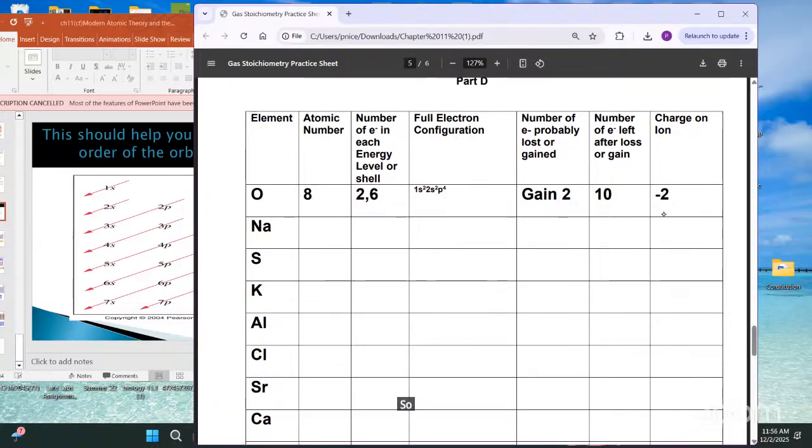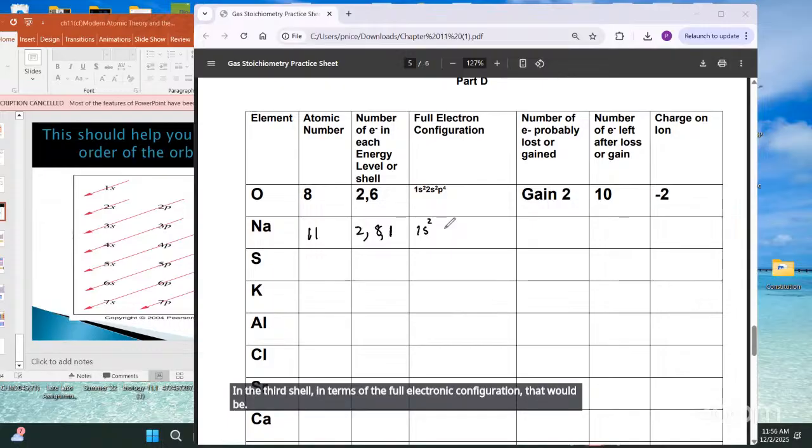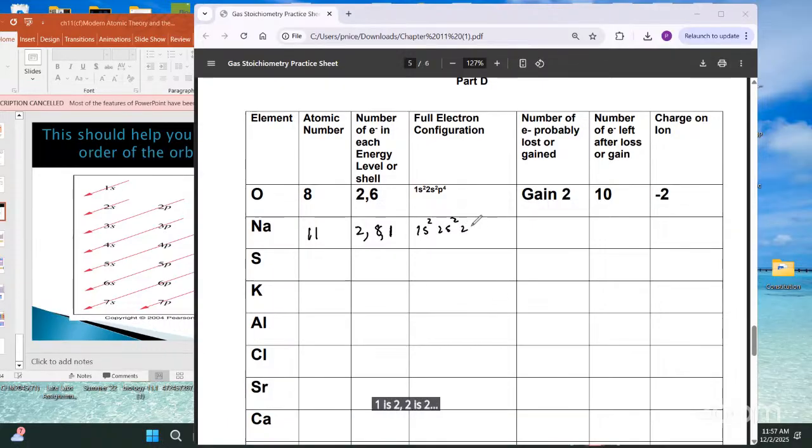So applying that same idea to sodium, sodium has an atomic number of 11, right? In terms of how the electrons are distributed among the shells, it would be 2 in the first shell, 8 in the second shell, and then 1 in the third shell. In terms of the full electronic configuration, that would be 1s2, 2s2, 2p6, and then 3s1, all right?